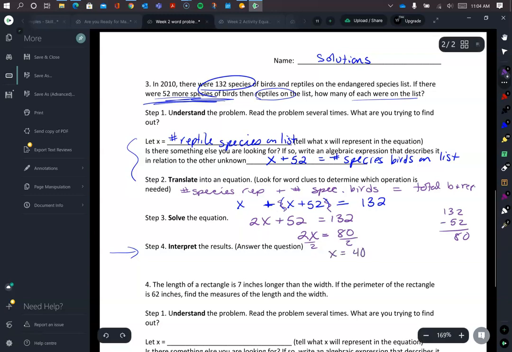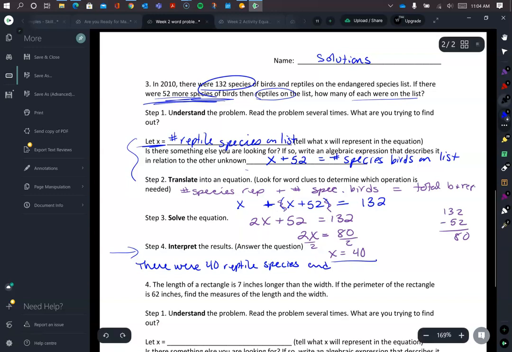Well, what is x? We have to look back here and see that that is the number of species of reptiles. So there were 40 reptile species on the list. And how many birds?